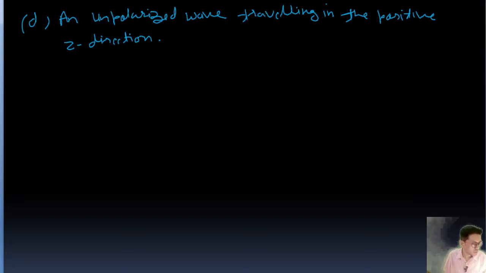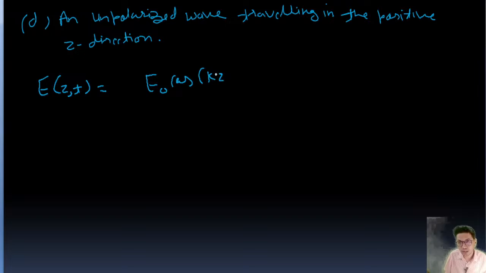Okay, so here this E, that is electric field, which is a function of z and t, is equal to E naught cos(kz plus omega t) i cap plus 2 E naught sin(kz plus omega t).